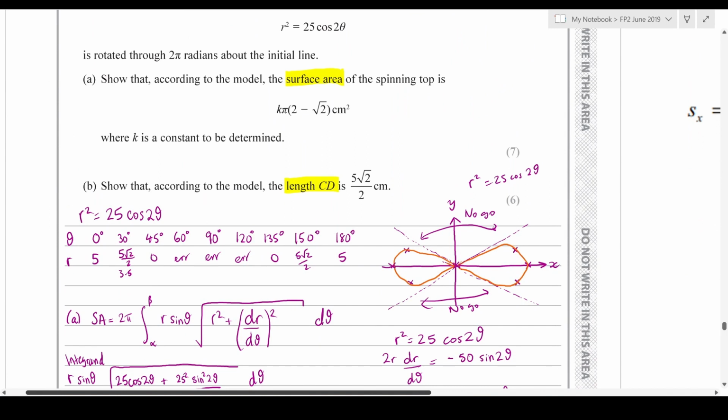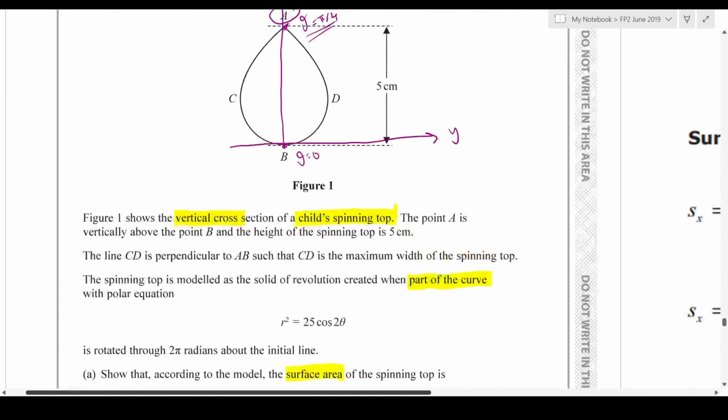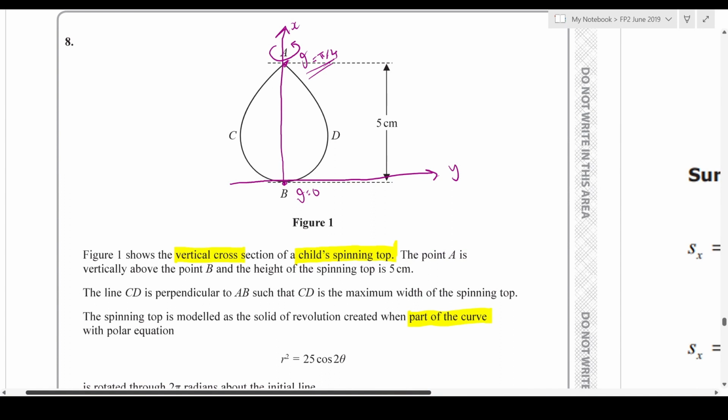And it says now, show that according to the model, the length CD is 5 root 2 divided by 2. So we're looking at this distance here that we want to calculate.